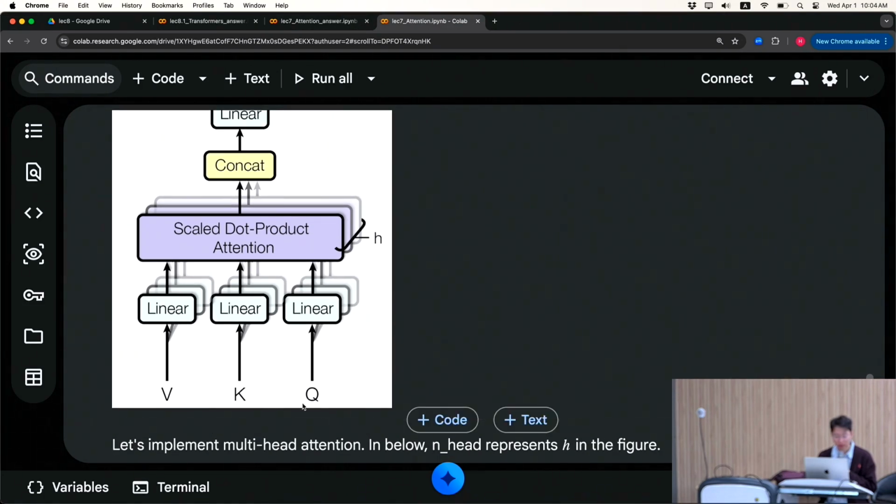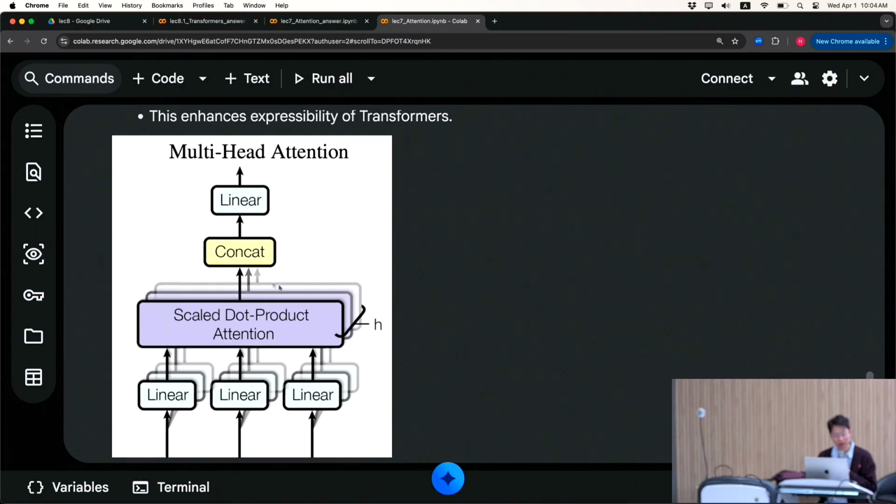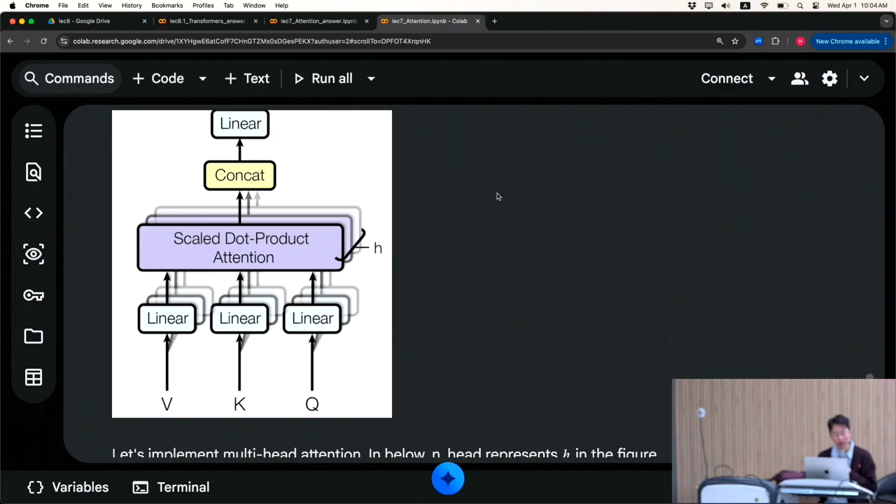You're going to receive input of size dimension, up project them so that it's of size number of heads times head dimension, and you're going to repeat the same procedure. At the end of the day, the final output is going to be the same, so it's of size batch size by sequence length by dimension.